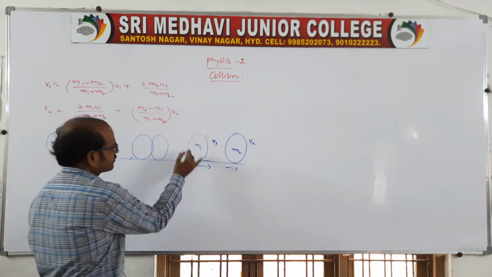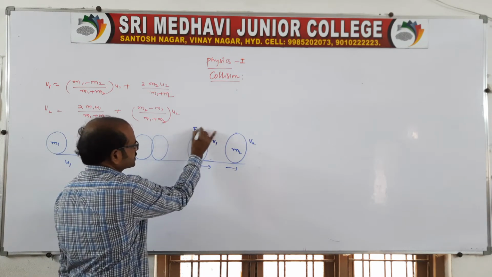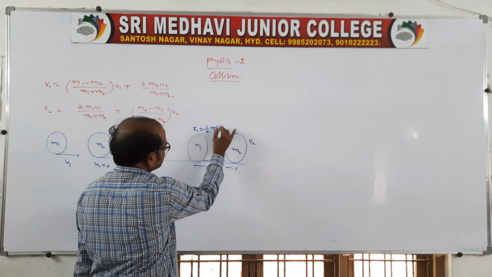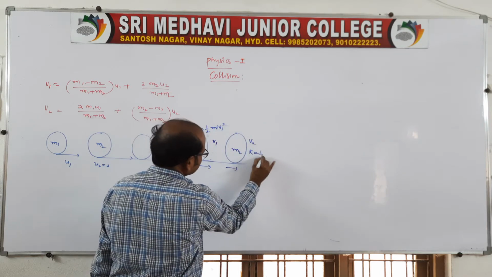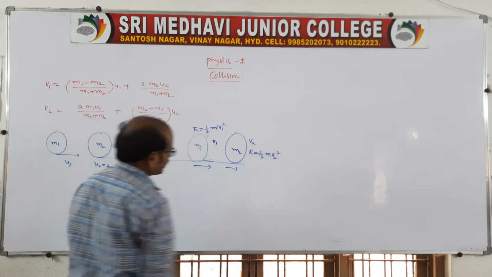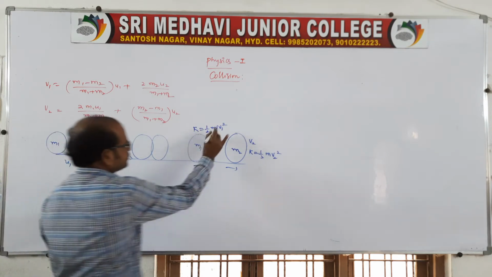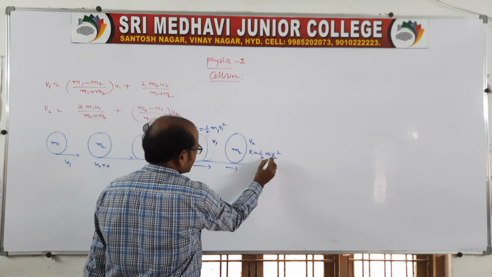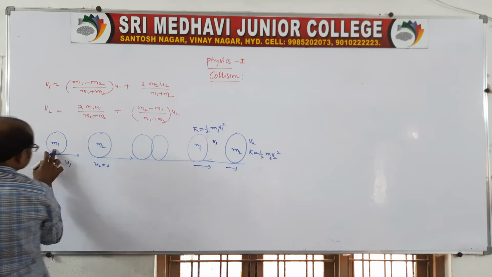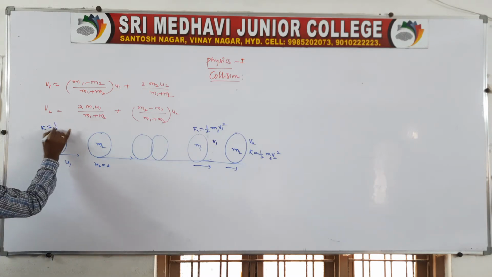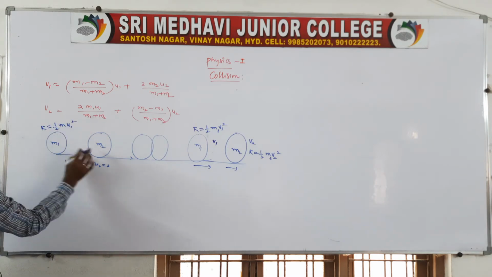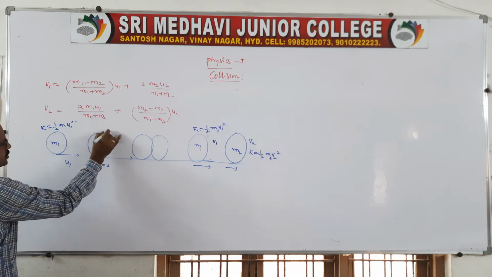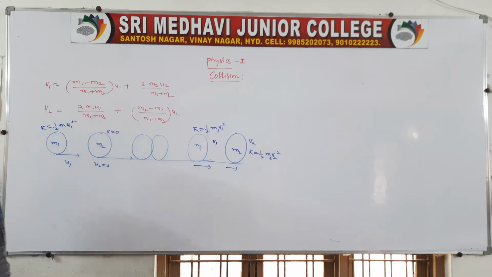See, for this after collision, the kinetic energy is half m1 v1 square, and for this half m2 v2 square, and here it is m1 and this is m2, right? Here before collision, for this the kinetic energy is half m1 u1 square, and of course u2 is 0. The kinetic energy for this body is 0.